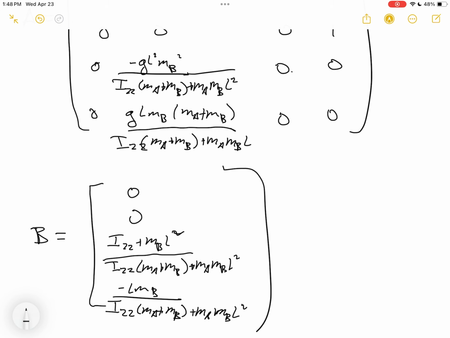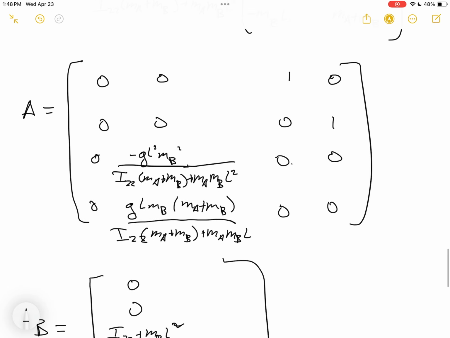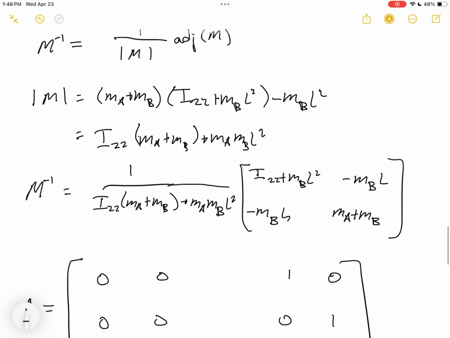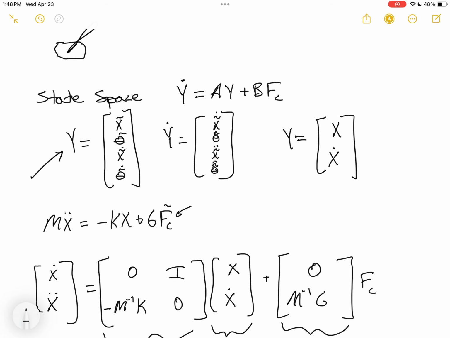So again, in state space, we have y dot is equal to Ay plus B Fc. I'll spare you writing out the matrix A and the matrix B again, but they're right here with y equal to that vector and y dot equal to the derivative.